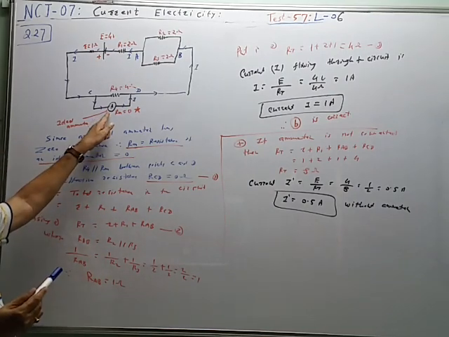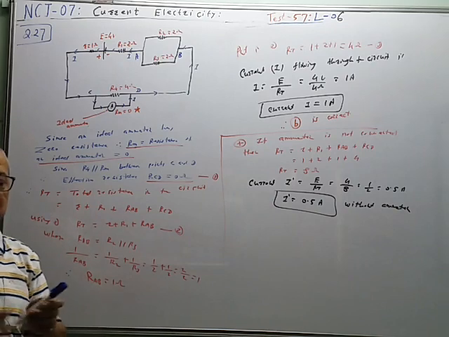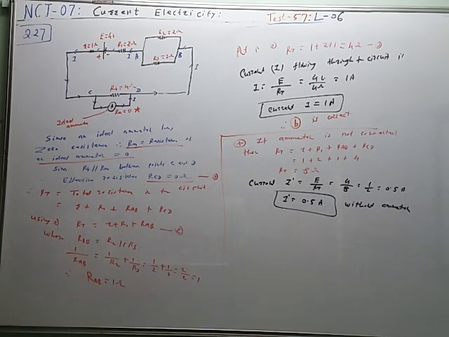All the current will flow through the 0 ohm resistance. This resistance is directly disconnected from the circuit like this. So direction of flow of current and value of current are like this.